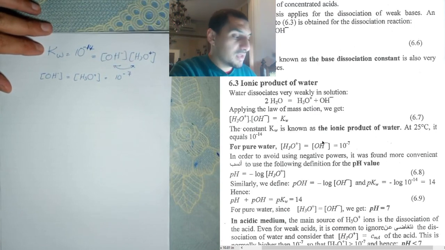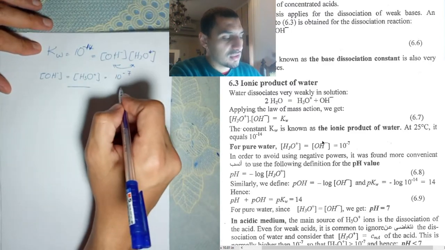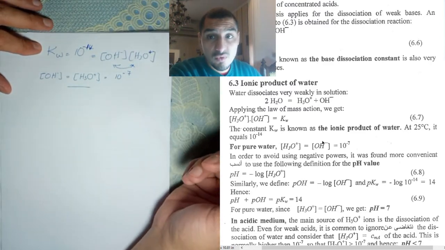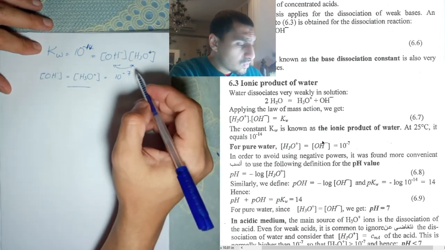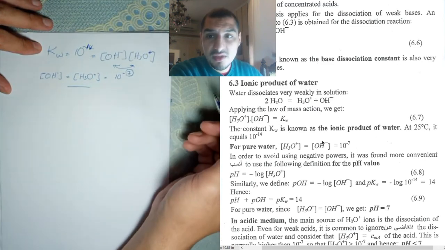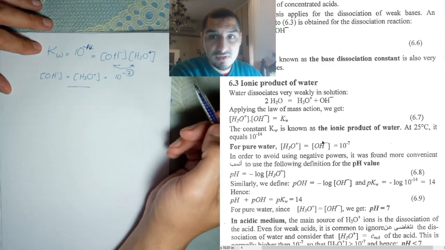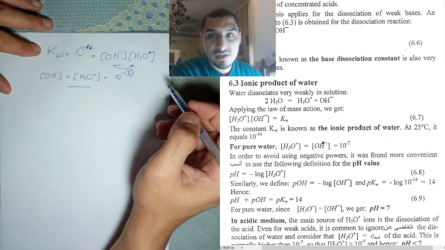To make life easier, and because we know that all the values of the concentrations that we deal with are very small, it's 10 to the minus something, we can just take this number, and instead of saying 10 to the minus 7, I can say only 7. And when I say 7, I understand that it is 10 to the minus 7.